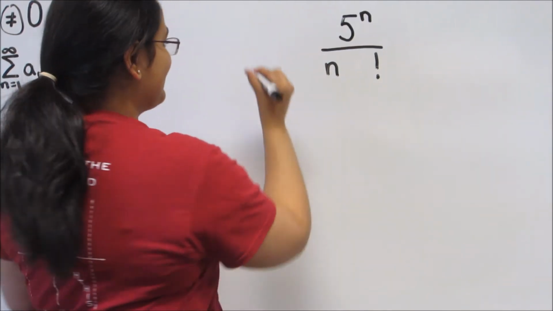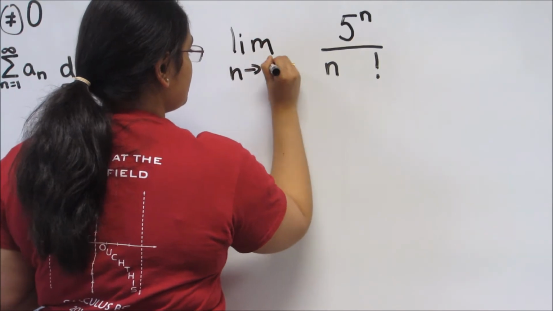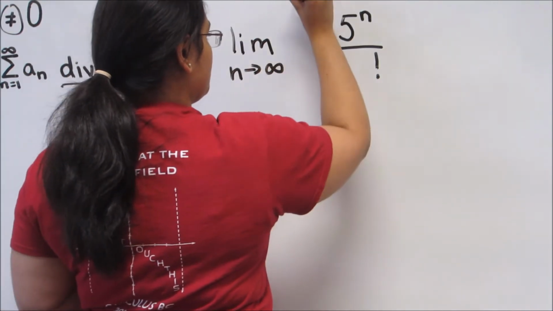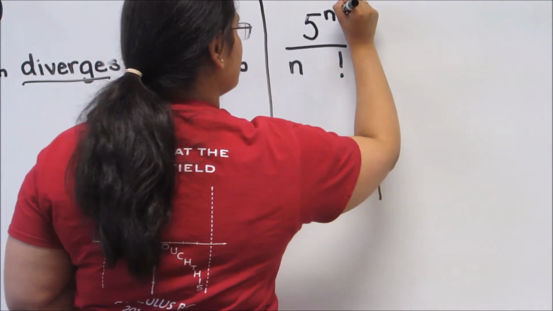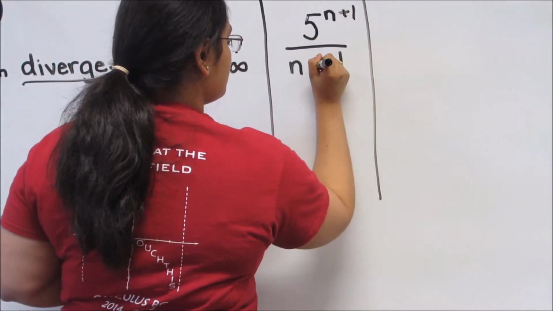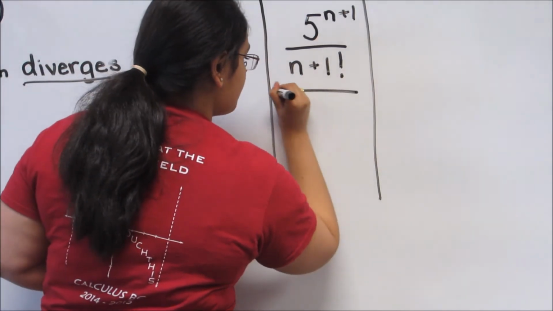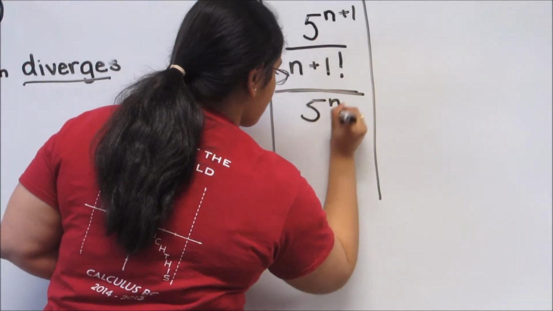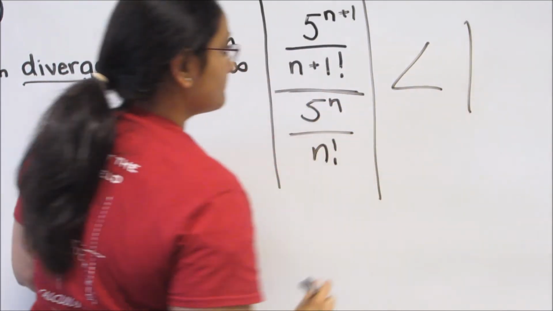You take the limit as n goes to infinity of the ratio with absolute values. Don't forget to add the 1 to n. Divide by a sub n, and it must be less than 1 to be convergent.